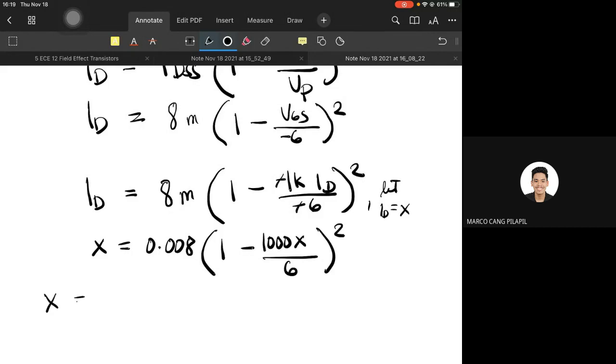So this becomes x is equal to 0.008 times 1 minus 1,000x over 3 plus 250,000 over 9.